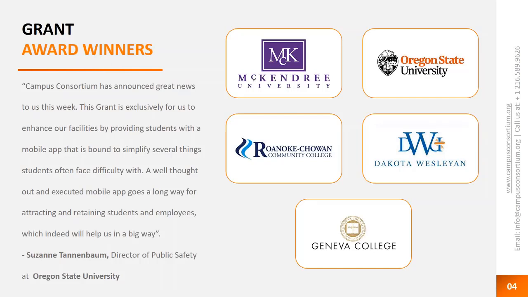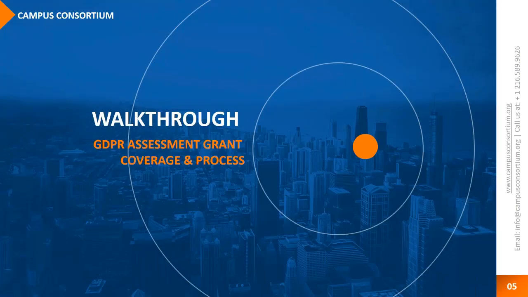I think everybody knows roughly what GDPR is, right? Meaning there's this regulation that has to do with the EU, and institutions are kind of being forced, especially with students coming out of the EU, to be in compliance with the regulation.